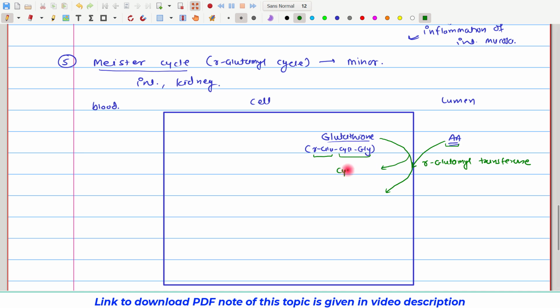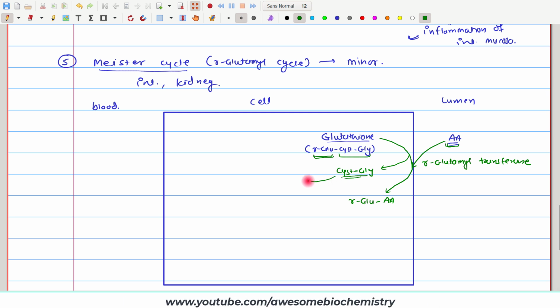So, we get a cysteine and glycine dipeptide, and the gamma glutamate binds with the amino acid. So, we get a dipeptide having gamma glutamate and then whatever amino acid we have in the lumen. Later on, this cysteine and glycine is hydrolyzed by the dipeptidase to glycine and cysteine. So, all these remaining 2 amino acids are now in free form.